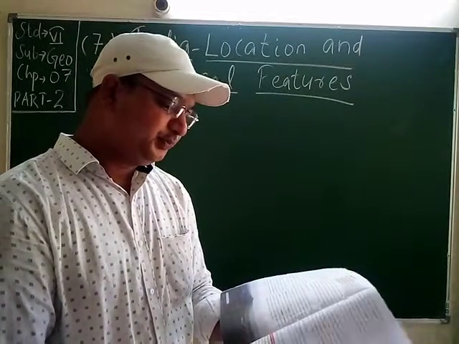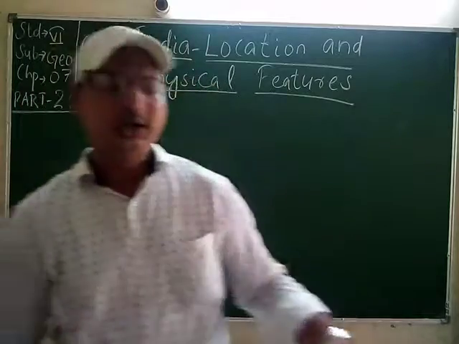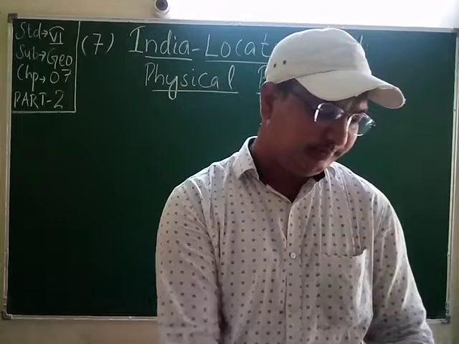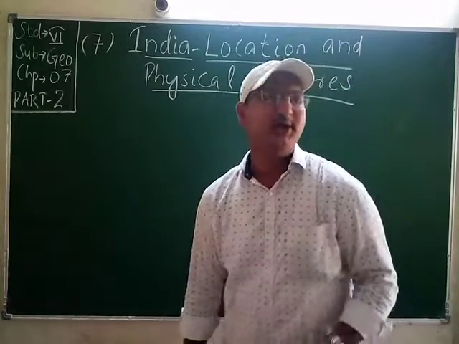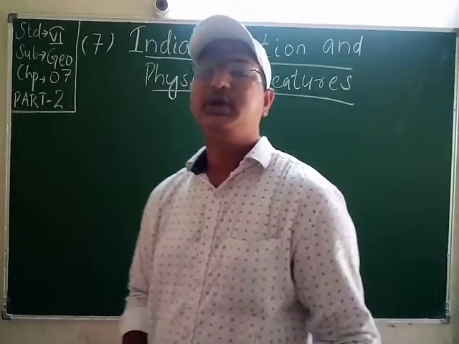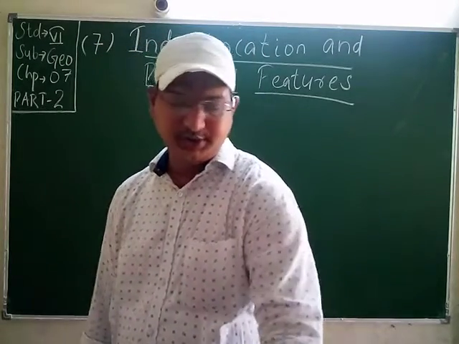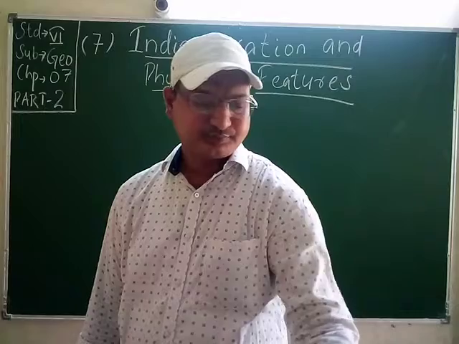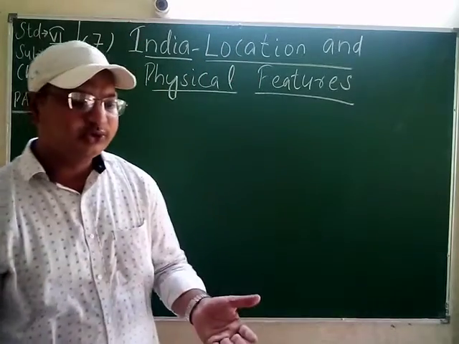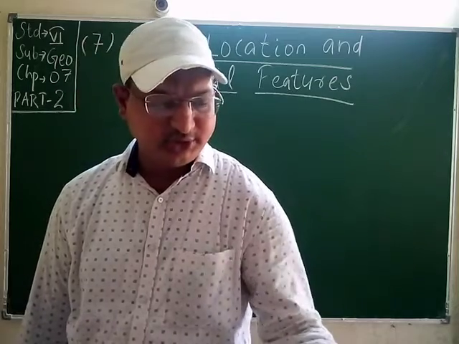Then students, this was the chapter all about. We covered first of all the location of our country, India, and then the number of states and union territories. Then we studied the different physical divisions. The first one was the northern mountains, that is the Himalayas.